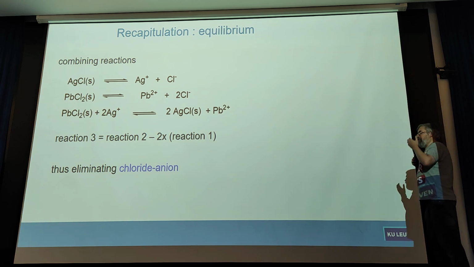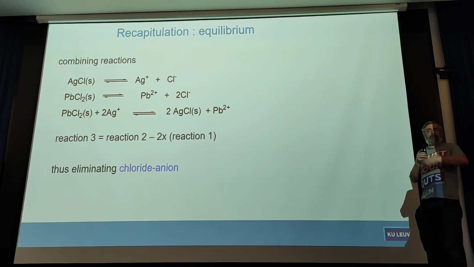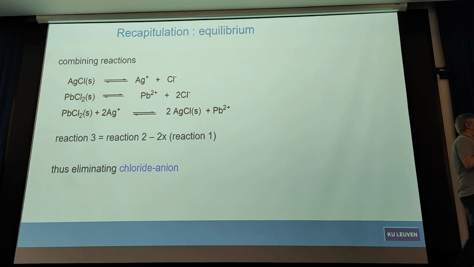So let's give a simple example. It's one from the solubility equilibria. We have several weakly soluble chlorides, including silver chloride and lead chloride. They split partially into ions, silver plus and chloride minus, and lead 2 plus and chloride minus.